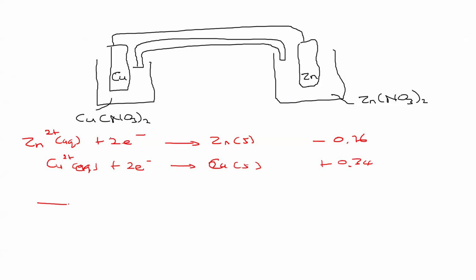You can also use minus 0.76 and plus 0.34, and then say A, B, C, D: this is cathode, this is anode. It means zinc is the anode, and this one will be the cathode.